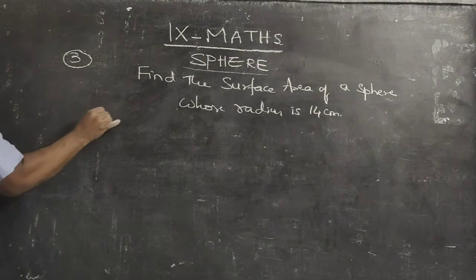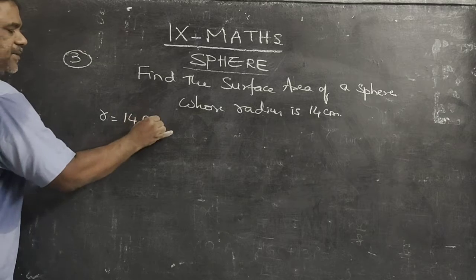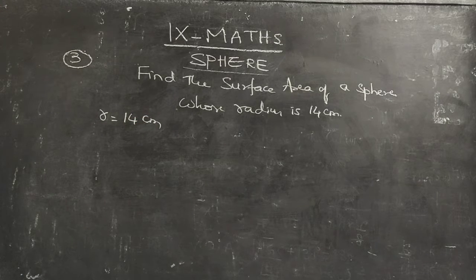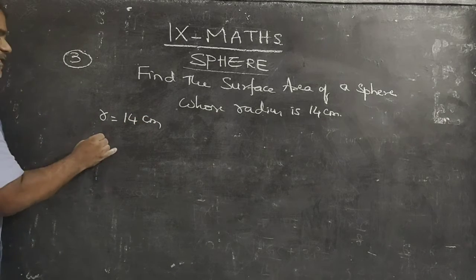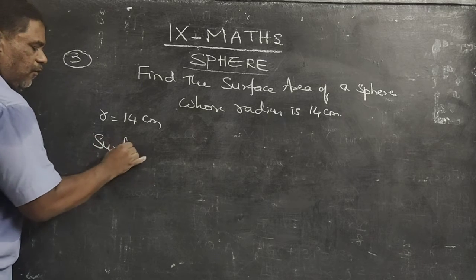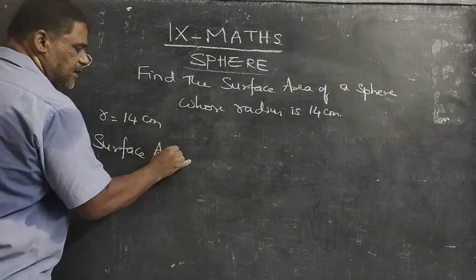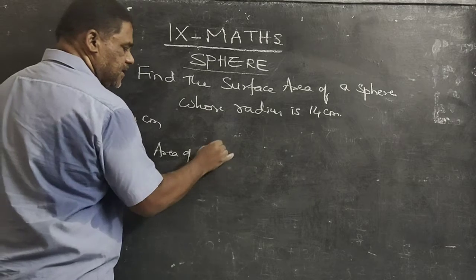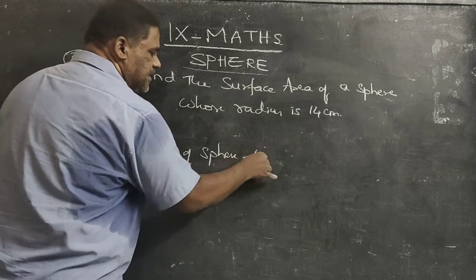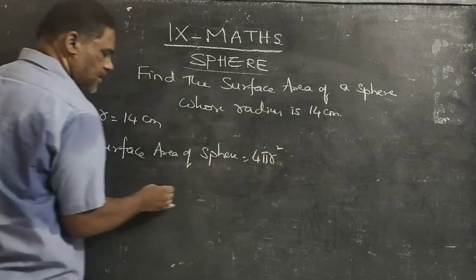Here the radius of the sphere is given as 14 centimeters. If you know the radius, then the surface area of the sphere is given by the formula 4 pi r square.